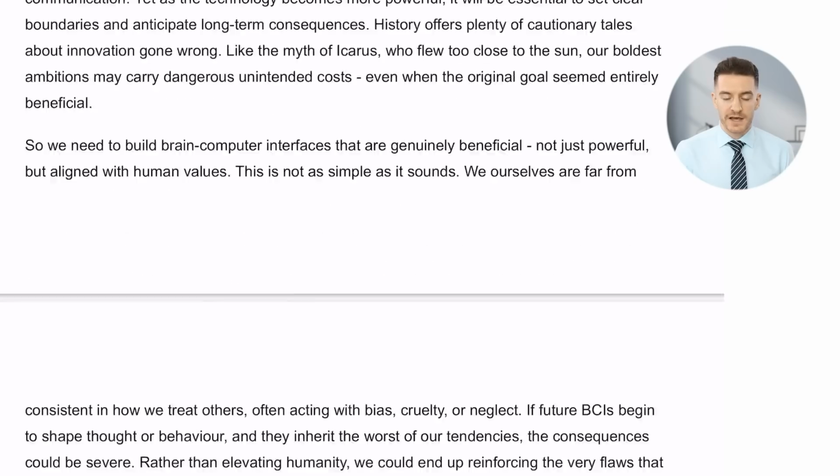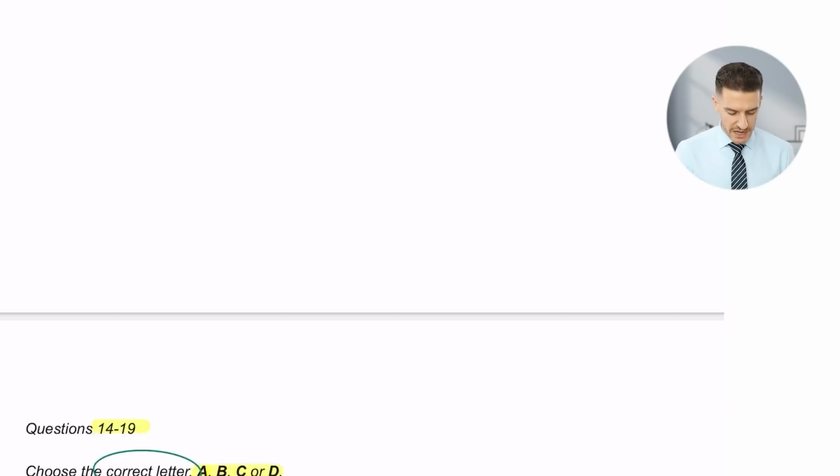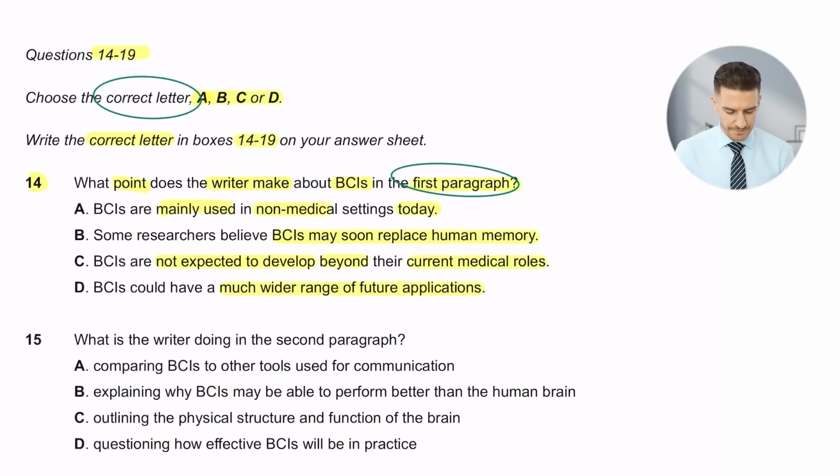So let's go back down to the multiple choice question now, and we'll choose the best option. So mainly used in non-medical settings. Well, no, it doesn't say mainly used, so we can cross that one off. Some researchers believe BCIs may replace human memory. Well, again, no, we talked about that one. They might enhance human memory, but it doesn't say replace.